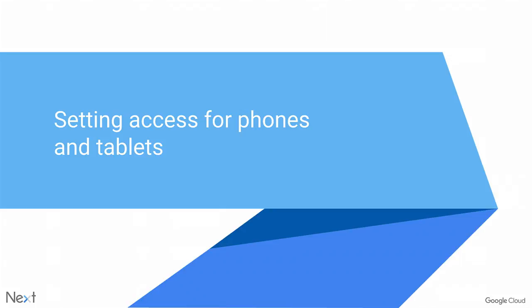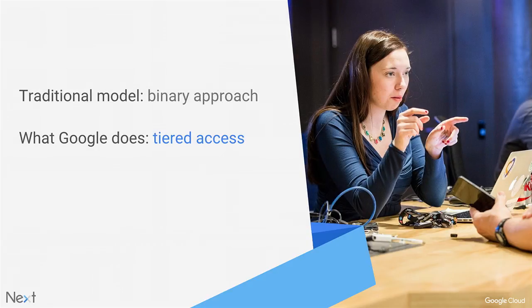So how do we bring these concepts together and sort of set the access? I mentioned this before, and this is a really key point: tiered access. This is one of those areas where having more granular settings actually allows you to have much more flexibility in how you grant access to certain things.